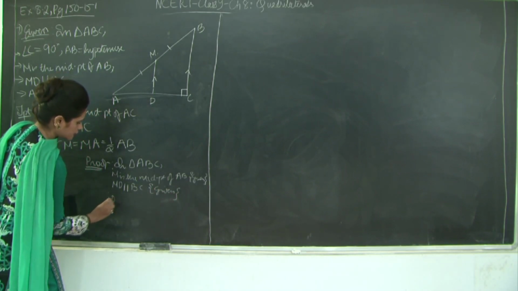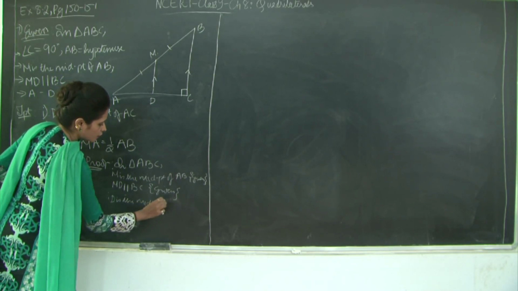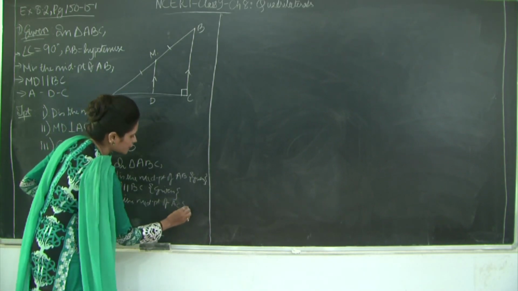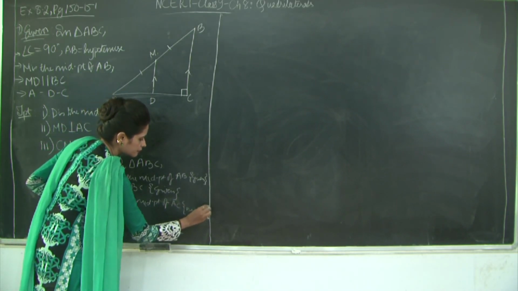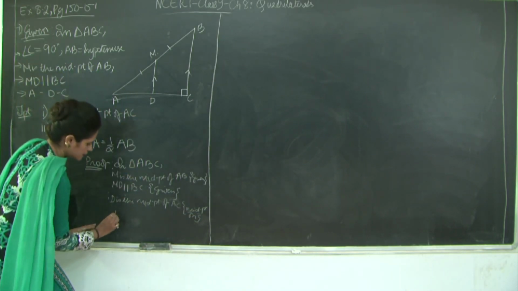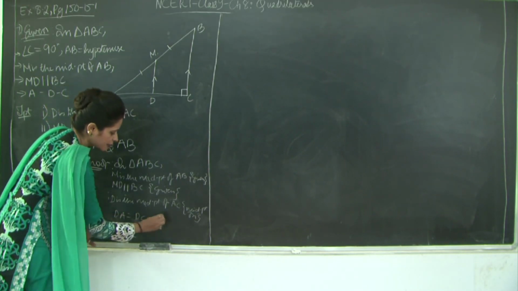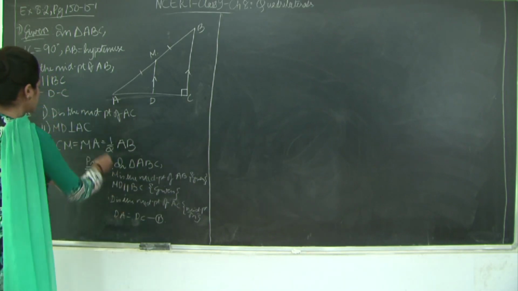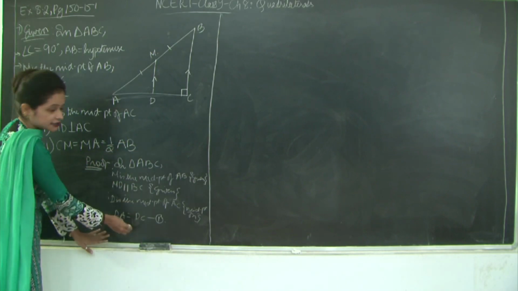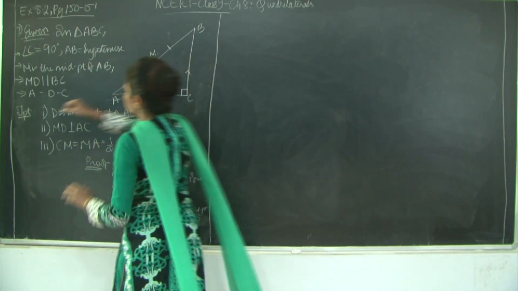Therefore, D is the midpoint of AC. How? Through the midpoint theorem. So this implies that DA is equal to DC. Let's mark this as statement number 1, because we might need it while proving CM is equal to MA, which is equal to half of AB. We'll see that later, but for now let's mark this as statement number 1. So we have proved the first part.